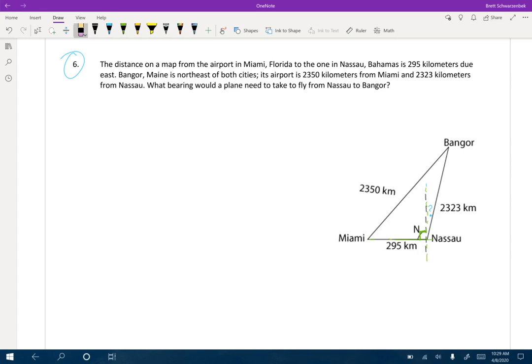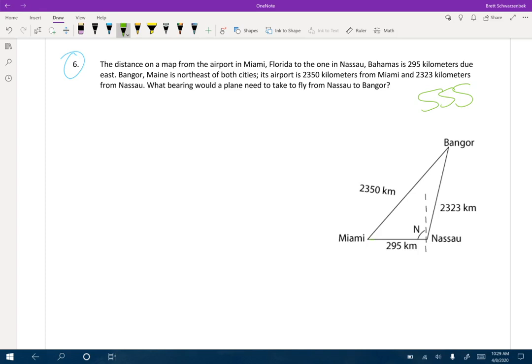Now, why is this relatively straightforward? Because if I look at this triangle without anything in it, so I ignore the north-south line, this is an oblique triangle with how many sides given? All three. So what pattern is that? That's side, side, side, which means we should be able to use the law of cosines to find any angle in the triangle.